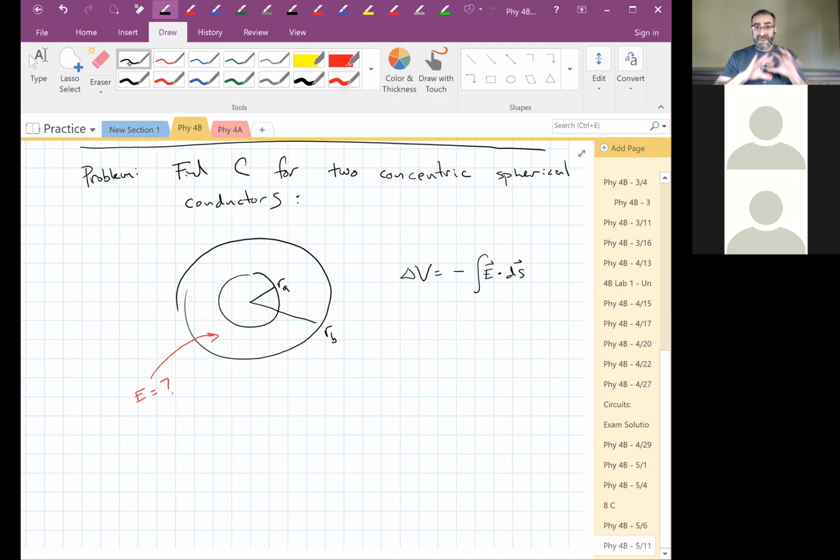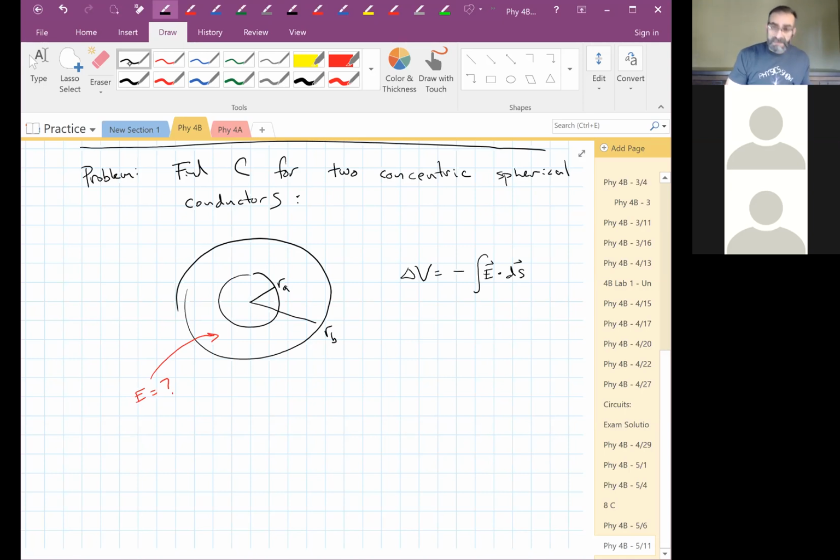Because we have spherical symmetry, all the charge outside of our radius does not affect us, right? It cancels out if we have spherical symmetry. Only the charge inside of our radius matters. And what do we treat it like? A point charge at the origin, okay? Because we have spherical symmetry.